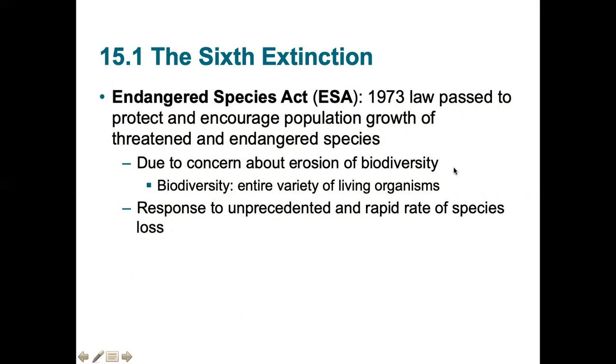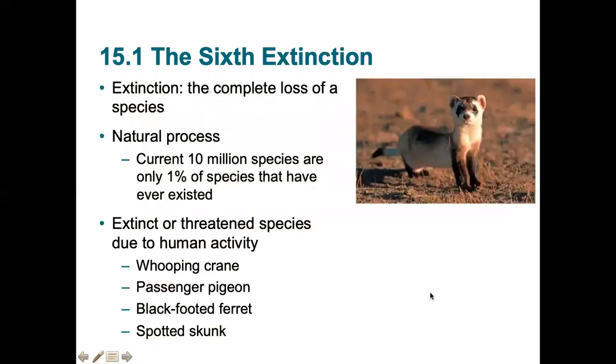This was due to concerns about losing the diversity. Biodiversity is the variety of living organisms in a particular ecosystem, in this case, Earth. And it is in response to what we're seeing is just an unprecedented and rapid rate of species loss. It's utterly depressing to hear the numbers of just how much we've lost.